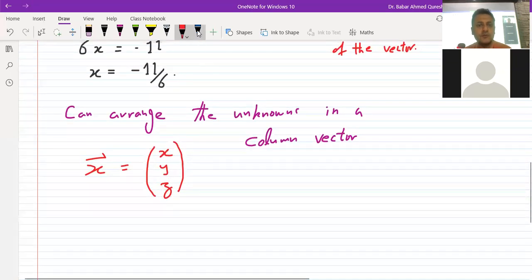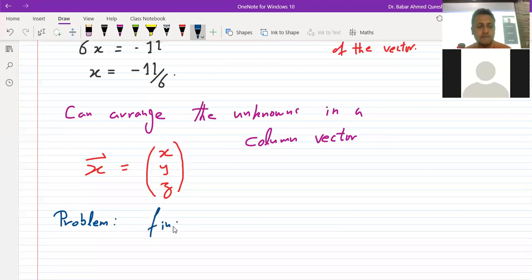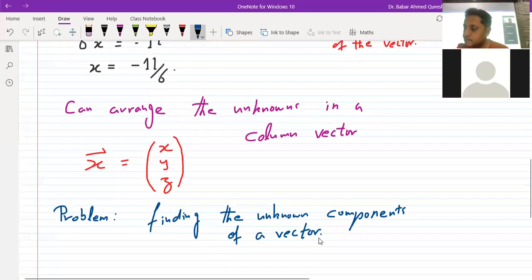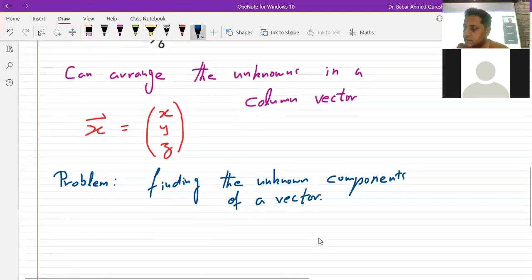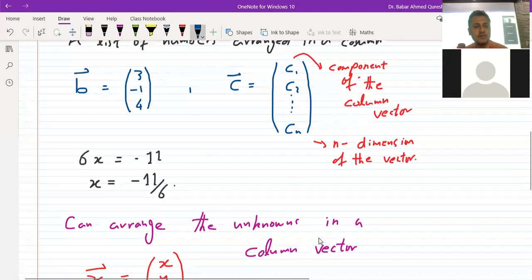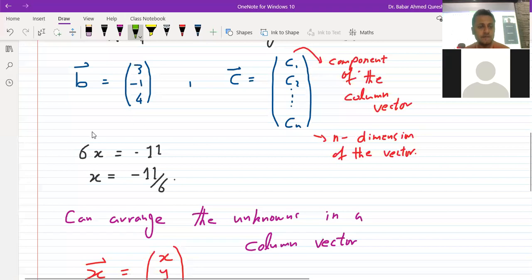So my problem, the typical problem of solving linear systems, becomes finding the unknowns, the unknown components of these vectors. And I would like to give it a form like this.